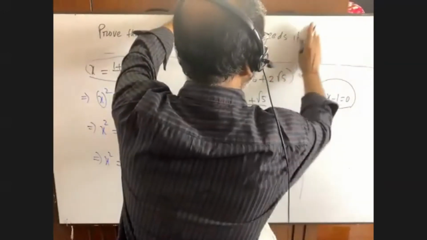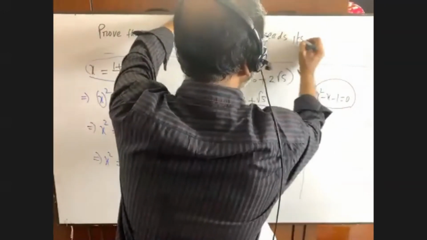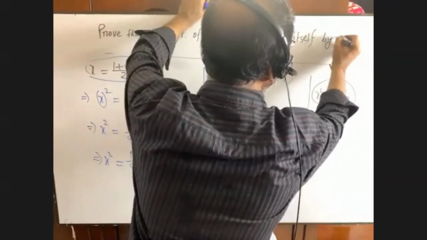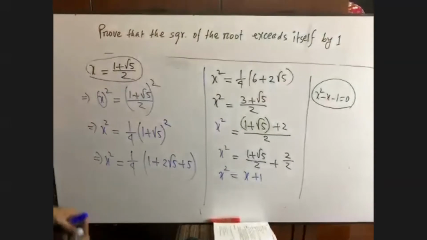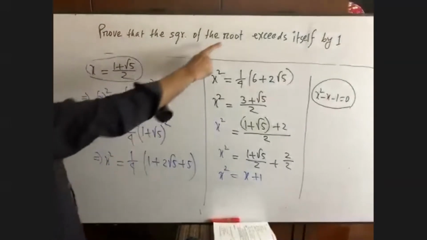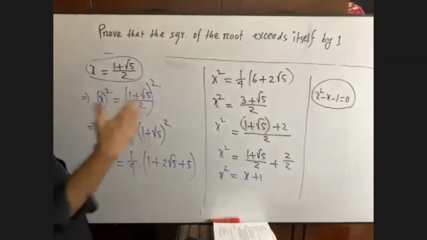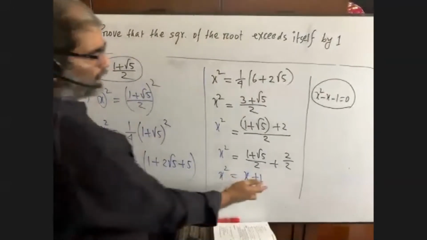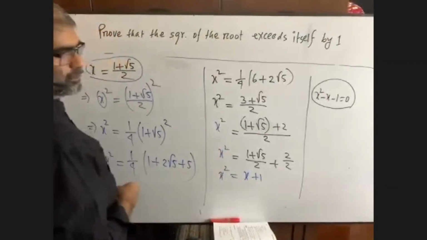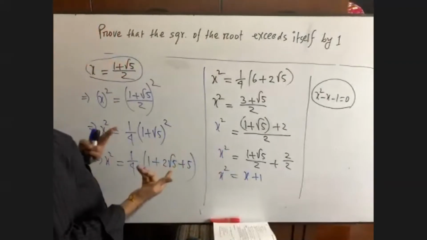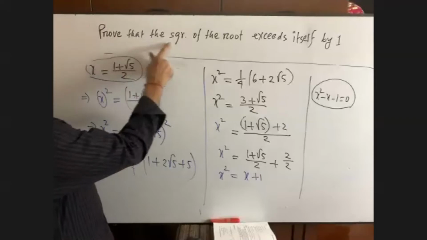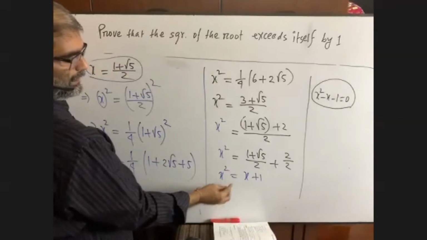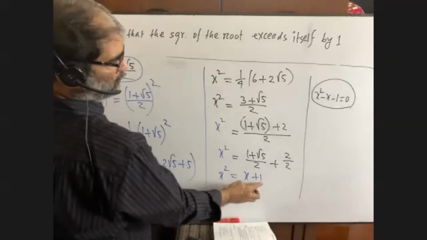Exceeds itself by 1. That means if you go for squaring the root, then it will be 1 more than the root. Please try to understand. Prove that the square of the root, x is a root, its square is x square, is equal to 1 more than the root.